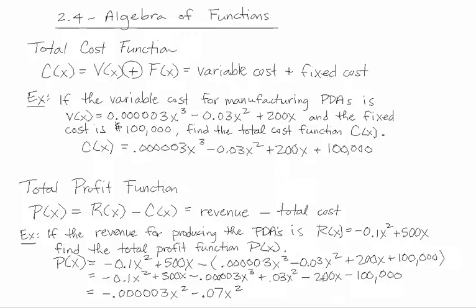And then 500x minus 200x is a positive 300x. And then finally, we are subtracting 100,000. And this entire function would be the profit function.